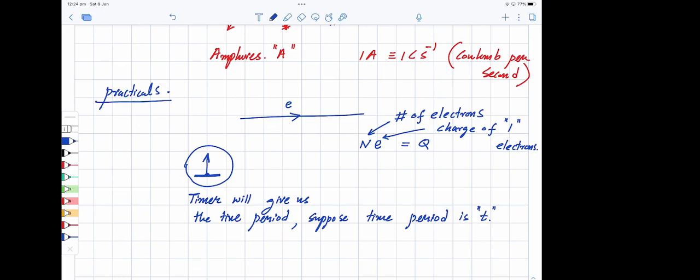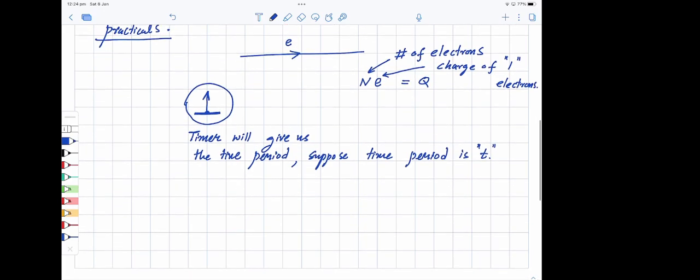Suppose the time period is T. So current is Q divided by T, and Q is N E, so current is N E divided by T. This is how we calculate it.